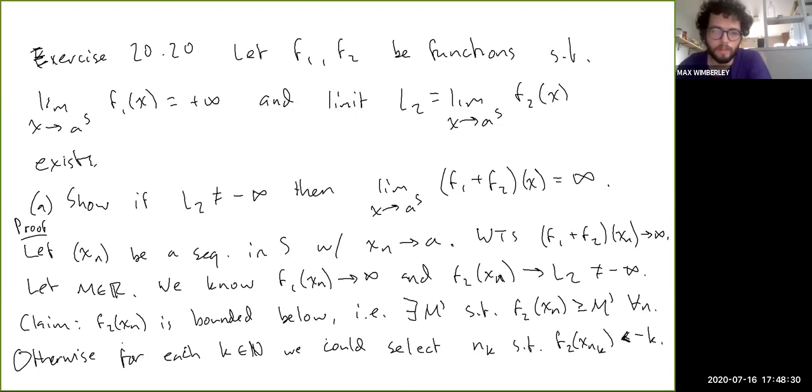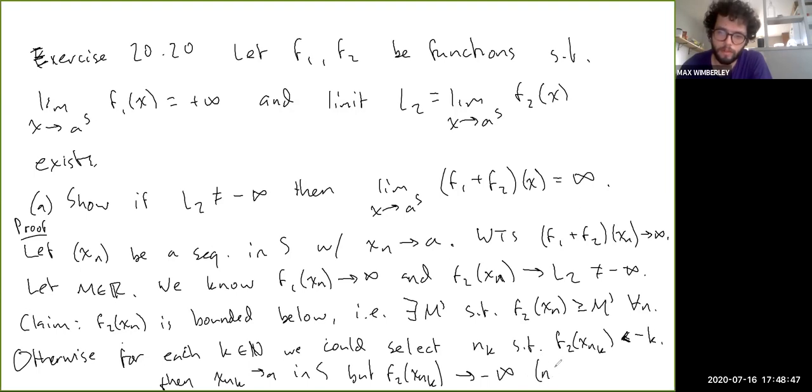So then x_{n_k} would approach a in S, but f2 of x_{n_k} would approach negative infinity, which is not allowed, right?